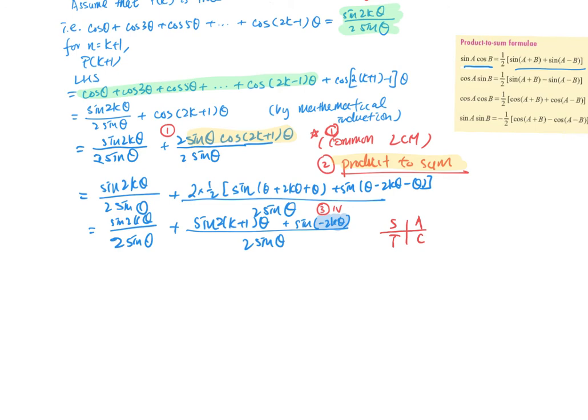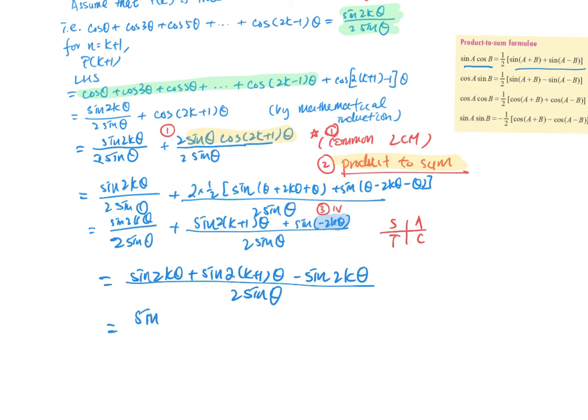As a result, this will become minus sine 2k theta because it is quadrant 4. And lastly, we will get sine 2 times (k plus 1) theta divided by 2 sine theta. That means this is our right hand side.